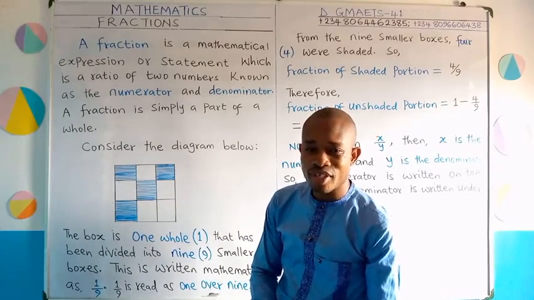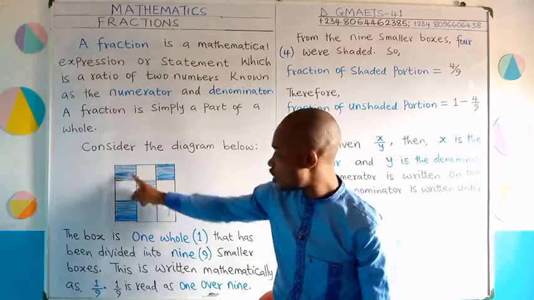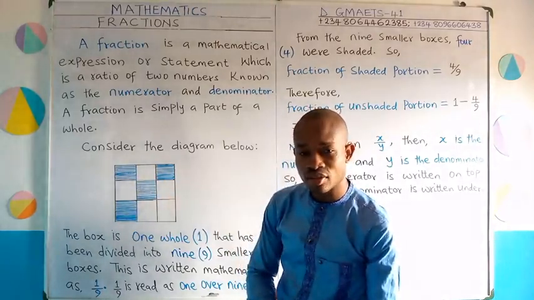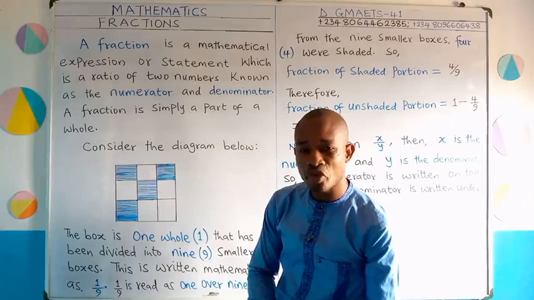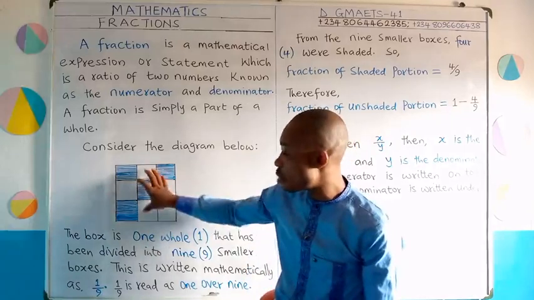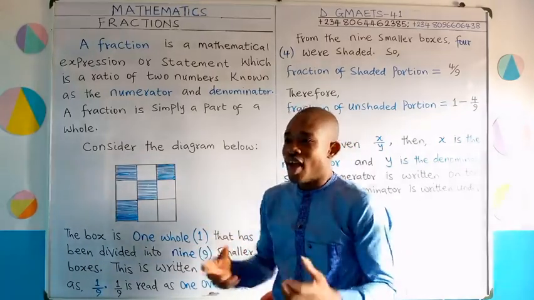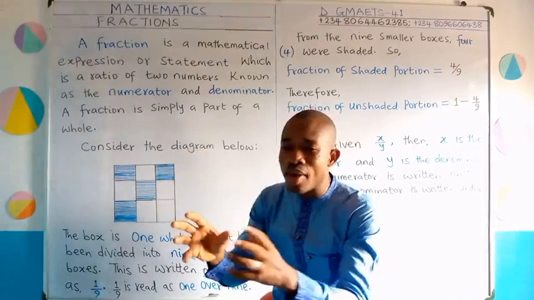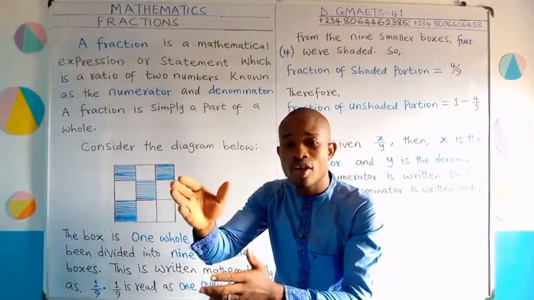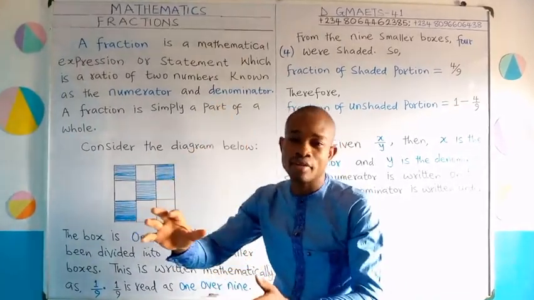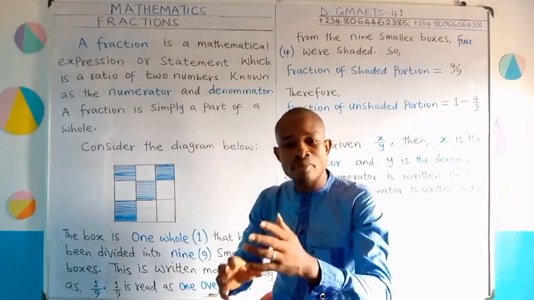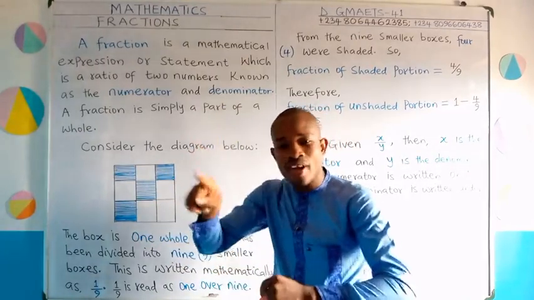And how do we put it in fraction form? 4 of these small boxes have been shaded. How do we put that 4 in fraction form? Remember, there are 9 smaller boxes here. Is that not so? 9 smaller boxes. So I will say, out of the 9 smaller boxes, I shaded 4. It now becomes 4 out of 9. That 4 out of 9, in mathematics, we write it as 4 over 9.